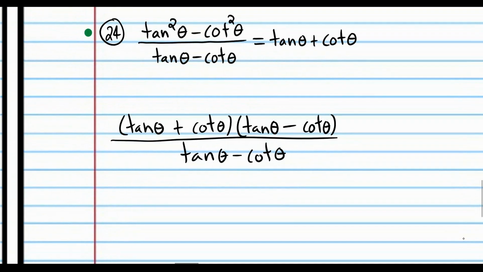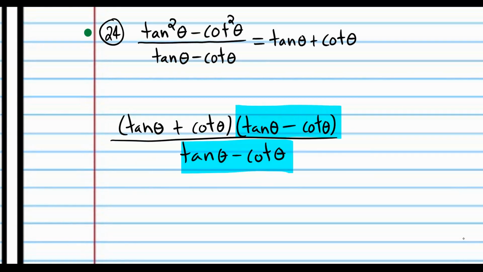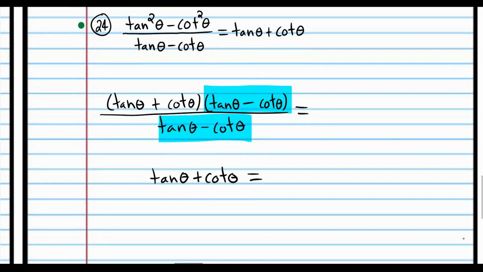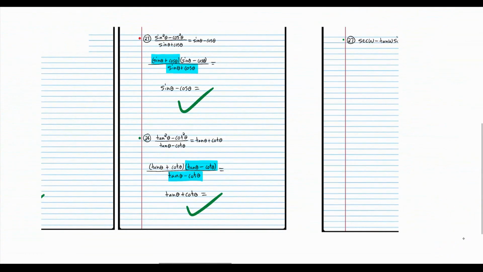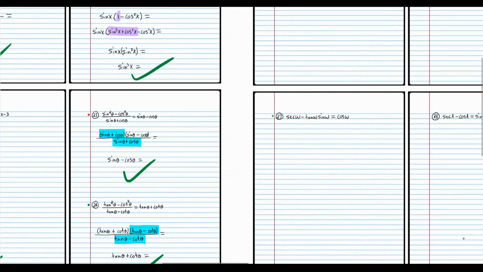So tangent theta minus cotangent theta cancels out, and you're left with tangent theta plus cotangent theta. And we proved that the left side of the equation is equal to the right side, and that proves the overall equation. Okay, so if you got that right, good job.